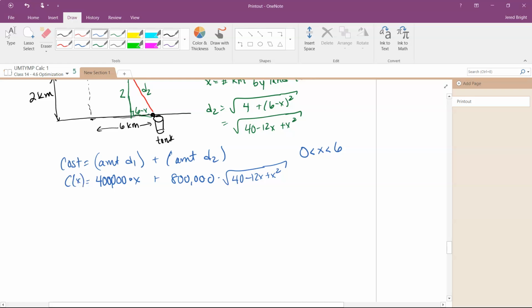All right, so it's an open interval again, and I have to use the first derivative to find the critical number. So C prime of x, and you can have fun with this, is going to be 400,000 plus 400,000 times (40 minus 12x plus x squared) to the minus a half, times (negative 12 plus 2x).